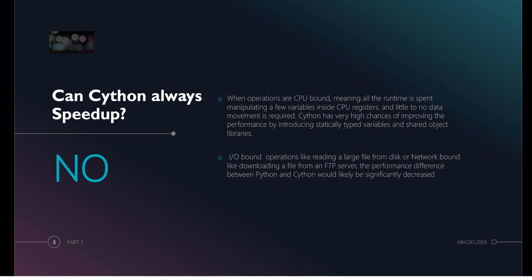However, it cannot help when IO-bound operations like reading a large file from disk, or network-bound operations like downloading a file from an FTP server, are the bottleneck. So while selecting Cython or introducing Cython libraries for your Python code, you first need to profile your code and look for the kind of bottlenecks that you have.